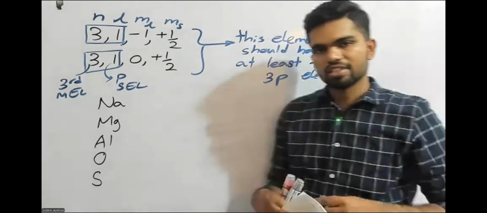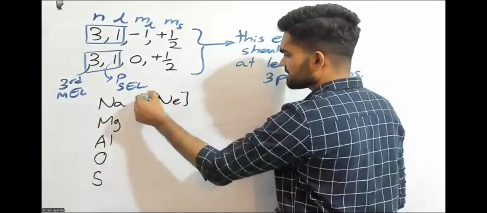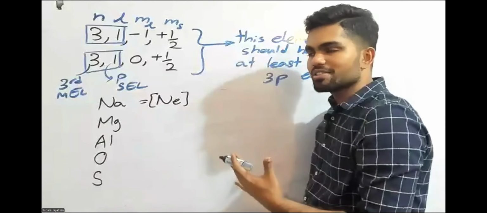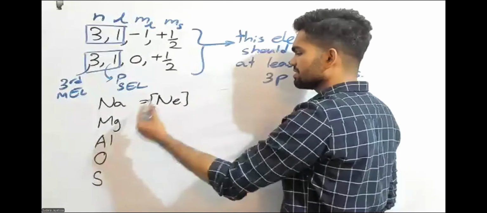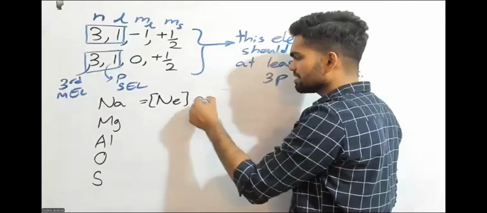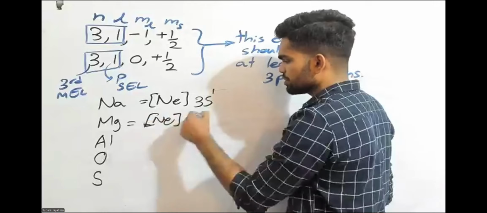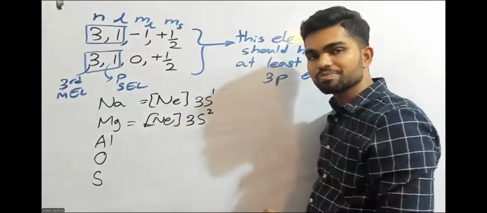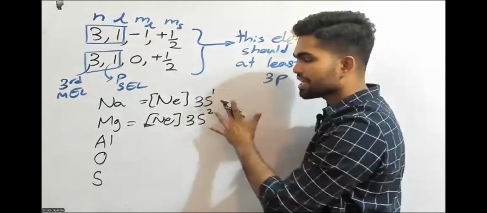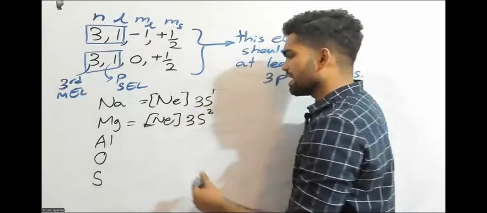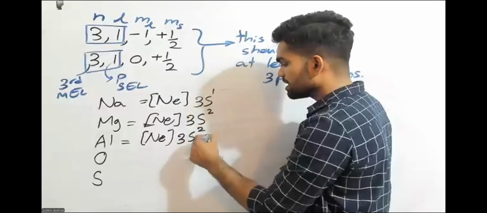Now take the elements. They gave sodium. What's the configuration of sodium? We can write the condensed configuration, because when you are doing explanations and discussions it is easy. Atomic number 11, so the condensed configuration is neon 3s1, and magnesium is neon 3s2. So now these two can't be the answers, isn't it? Here the last electrons belong to the s sub energy level, so they don't have p electrons. Understood? Then take aluminium. Its electronic configuration is 3s2 3p1.